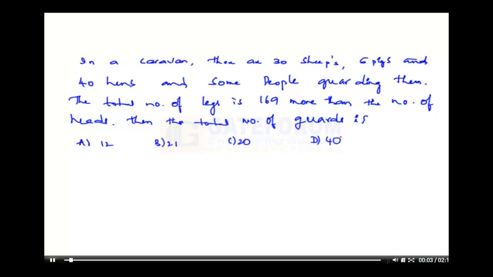There are 30 sheep, 6 pigs and 40 hens, and there are also some people who are guarding them. Here the total number of legs is 169 more than the total number of heads. Then we require the total number of guards. Let the number of guards be x, and each guard has 2 legs.